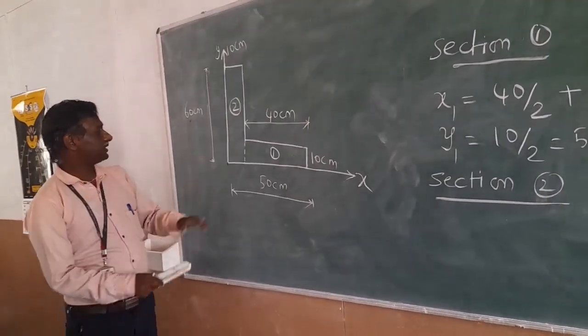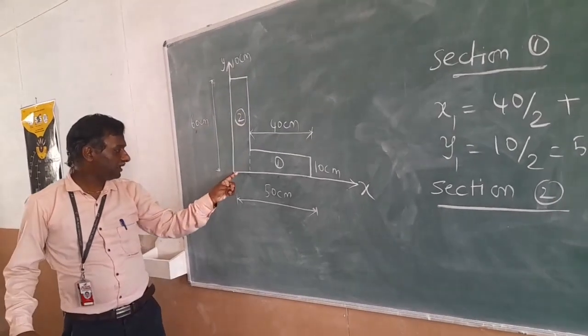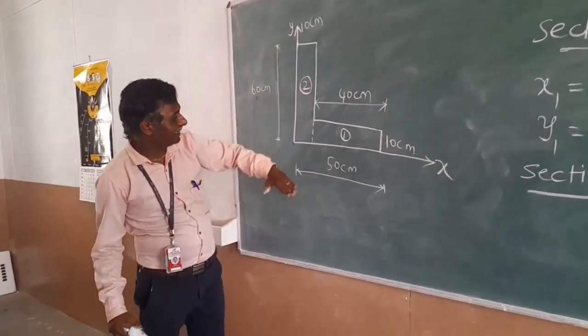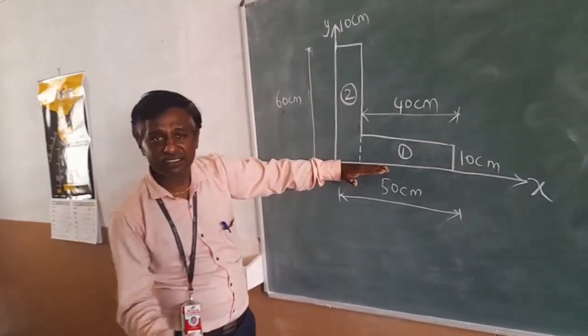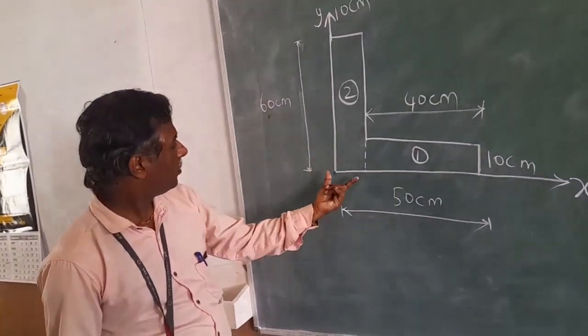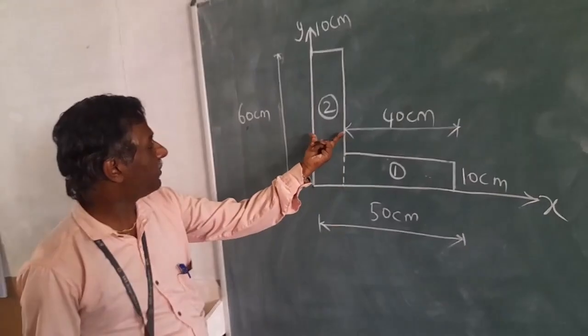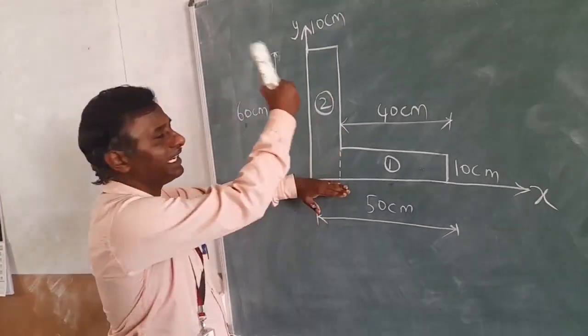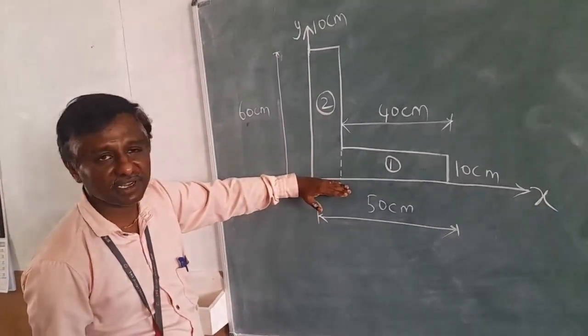Now let's move on to section 2. Consider this rectangle alone. It is attached directly with the y-axis and directly with the x-axis. So x is half of the x value and y is half of the y value, because there is no gap at all.